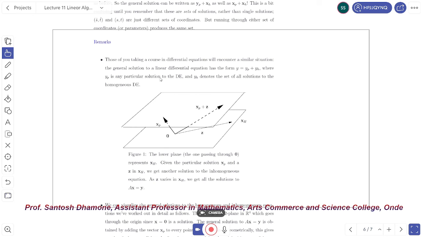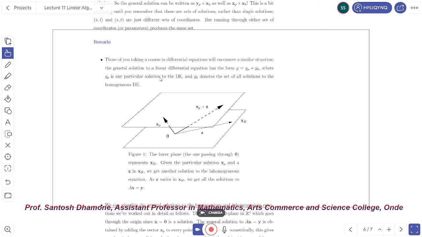Geometrically, this gives another two-plane parallel to the first but not containing the origin, since x is equal to 0 is not a solution to Ax is equal to y. x is equal to 0 is not a solution because this is a non-homogeneous system of equations. It has either no solution or infinitely many solutions, but it has no trivial solution unless y is equal to 0.